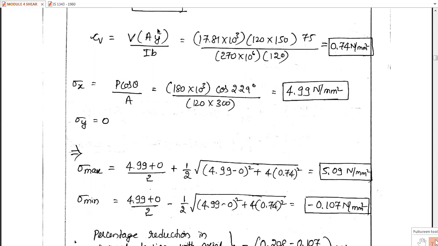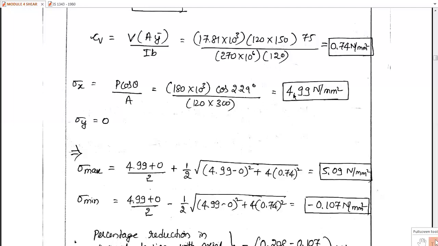In calculation of the shear stress, we need to consider the first moment of area, means half of the cross-sectional area, because you are going to calculate the principal tension above the centroidal axis. Here we need to take the entire area while calculating sigma x, that is the axial stress. Sigma x is equal to P cos theta by A: P 180 kilonewton cos theta divided by area.